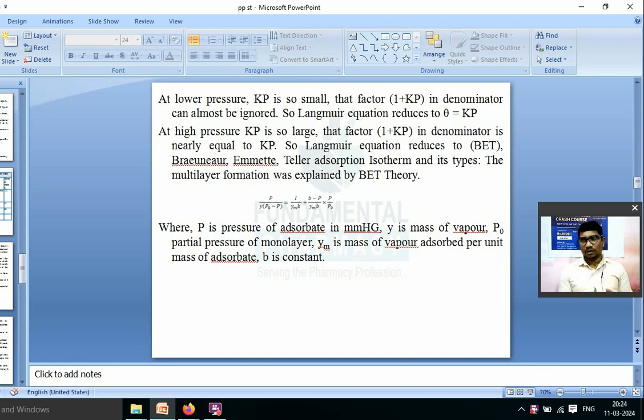This phenomenon was first observed by Langmuir, and after that the Langmuir adsorption isotherm was developed. There are 5 types of adsorption isotherm. We'll see it tomorrow.